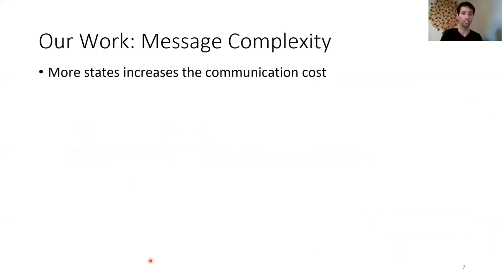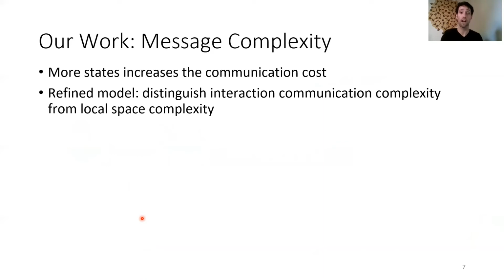Now, our work considers a new definition of message complexity. These protocols that use large states also incur a larger communication cost, because in the interaction between two agents, the transition function is a function of both of their states. So we propose a refined model that distinguishes the interaction communication complexity from the local space complexity.